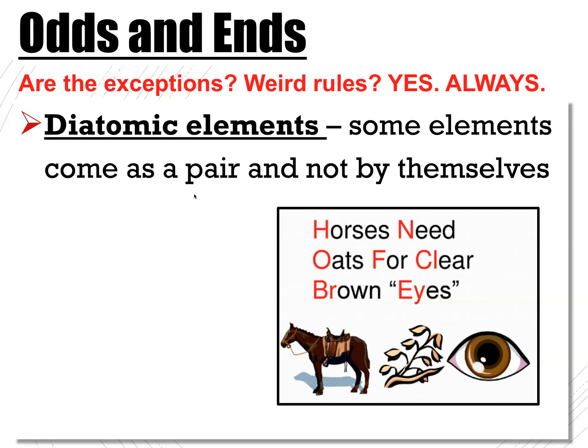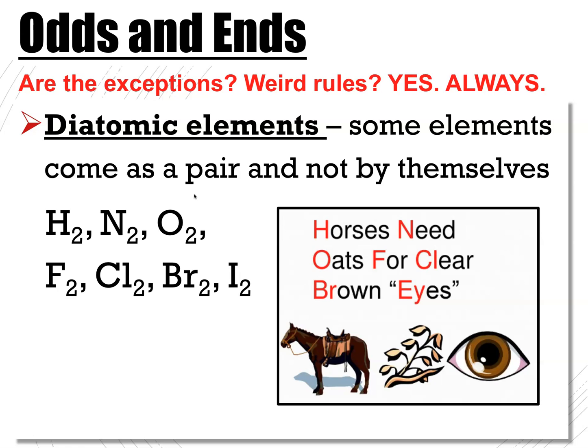One of them is our diatomic elements. Some elements come as pairs and do not exist by themselves. These elements in this mnemonic device: horses need oats for clear brown eyes. All these elements exist in nature diatomically. You're not going to find any of these as single atoms hanging out.